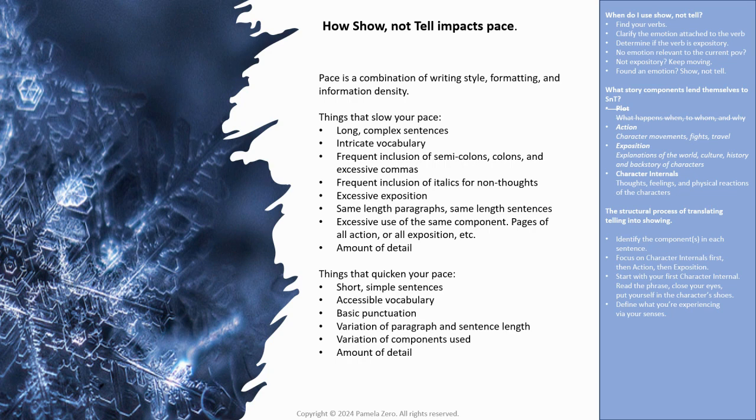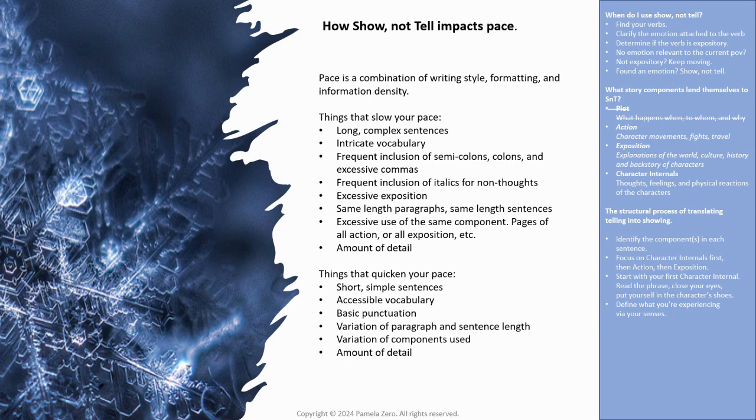Change is good for your reader. Excessive use of the same component. Pages of all action or all exposition, etc. And then the amount of detail that you're giving. When I say amount of detail, I don't mean sensory, internal character data. I mean, you're going into detail discussing the fleur-de-lis on the edge of a carriage, that type of thing.